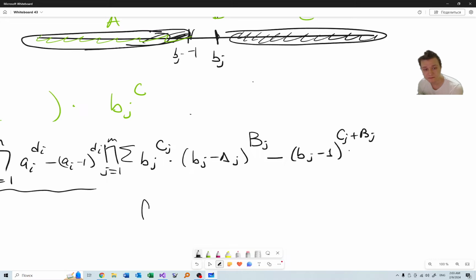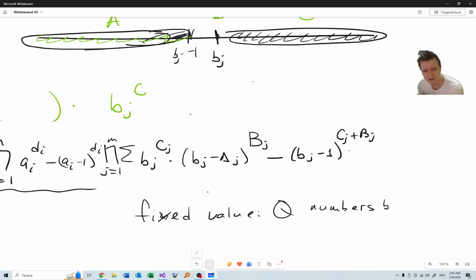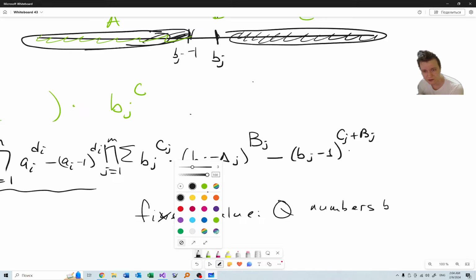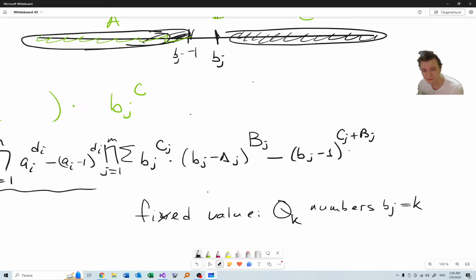So let's take some fixed value, and let there be, not j, let's introduce another index k, qk numbers bj which are equal to k.